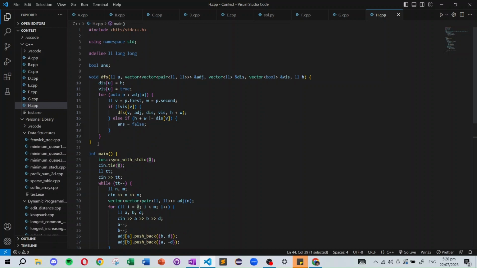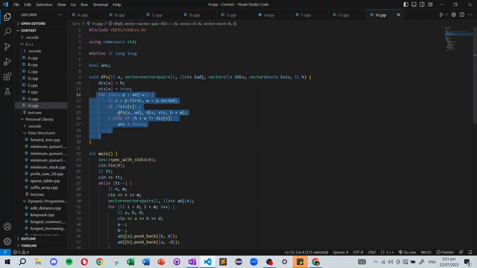Now this is our DFS function. Once we visit a node, we will set the node's distance from its representative node to be h. So we pass it, and we visit the node u.